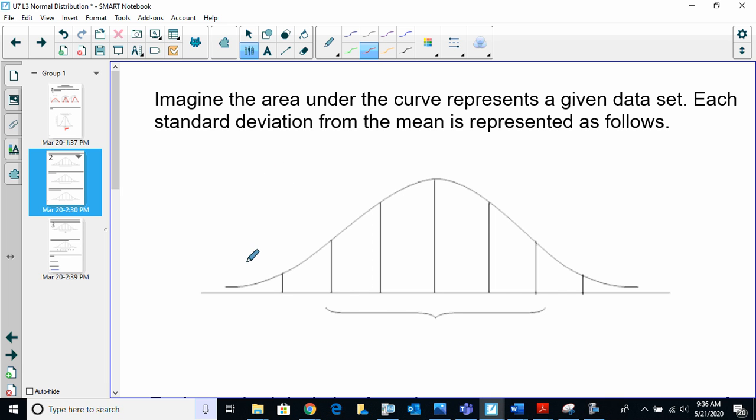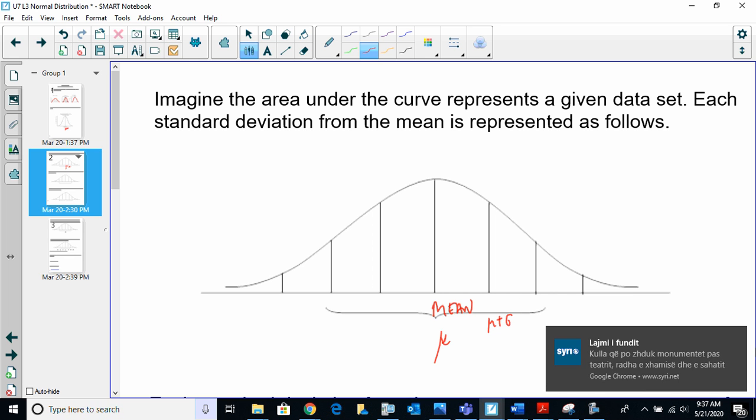So now, imagine the area under the curve to represent the given data set, so 100%. This line here being the mean, or mu, then each of those lines will be one standard deviation. So the first one, this line here, will be mu plus 1 standard deviation.